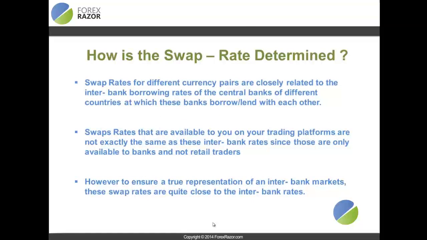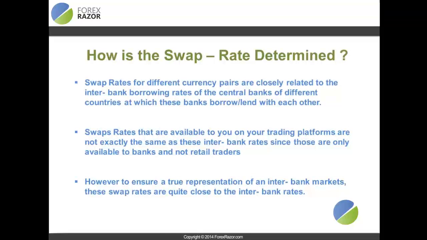Moving on to how the swap rate is determined. Swap rates for different currency pairs are closely related to the interbank borrowing rates of the central banks of different countries at which these banks borrow or lend with one another. The different swap rates applicable to different currency pairs, depending upon the long or short position held for that currency pair, are available to you on your trading platforms.